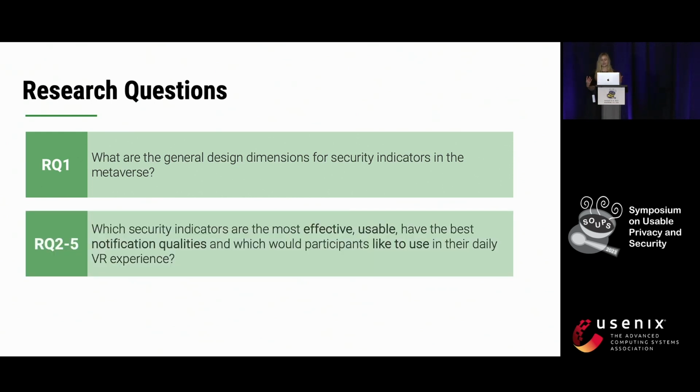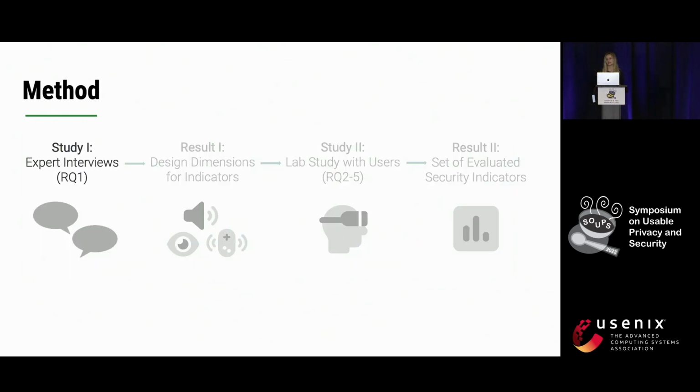And once we created an initial design space, we also wanted to find out which indicators perform best regarding several measurements. And for this reason, we asked in our second to fifth research questions, which security indicators are the most effective, usable, have the best notification qualities, and which would participants generally like to use in their daily VR experience. To investigate our research questions, we conducted two studies.